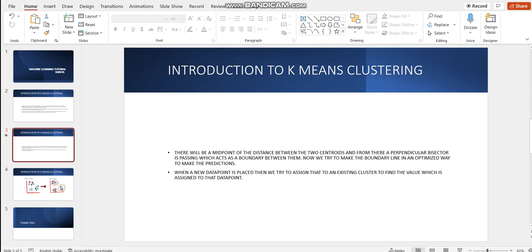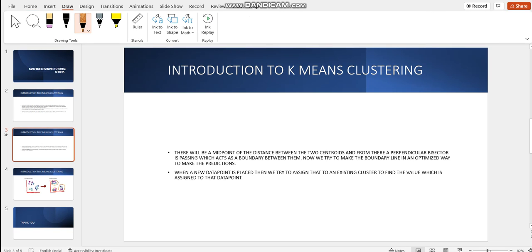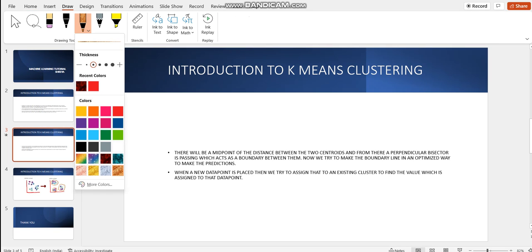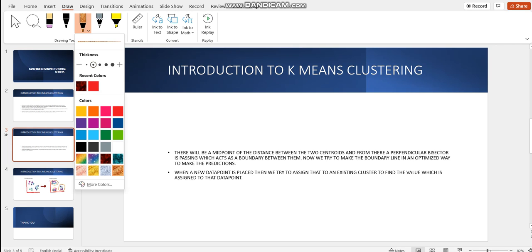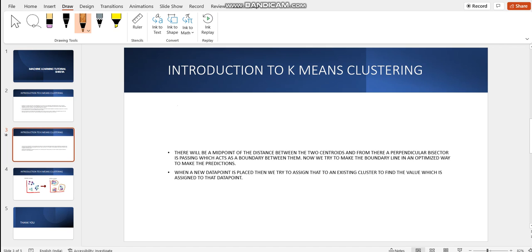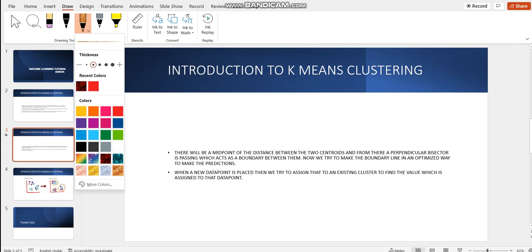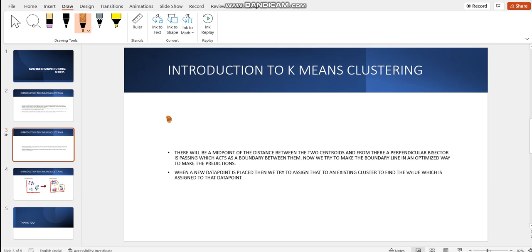So what exactly is K-means clustering doing? I will try to show you with the help of one example here. Okay. So suppose we have these points here.